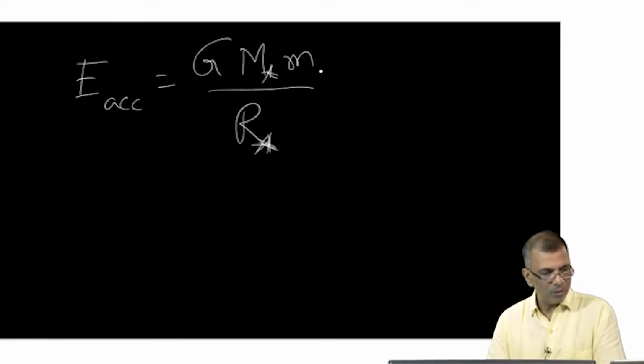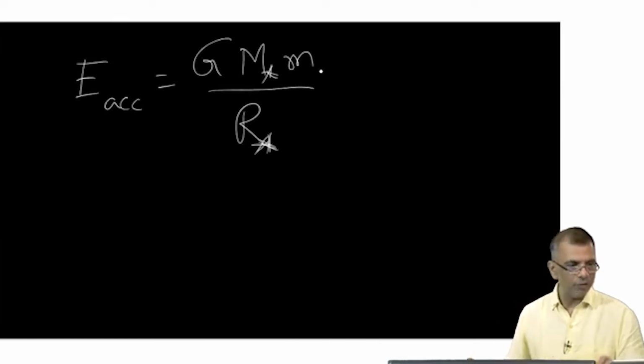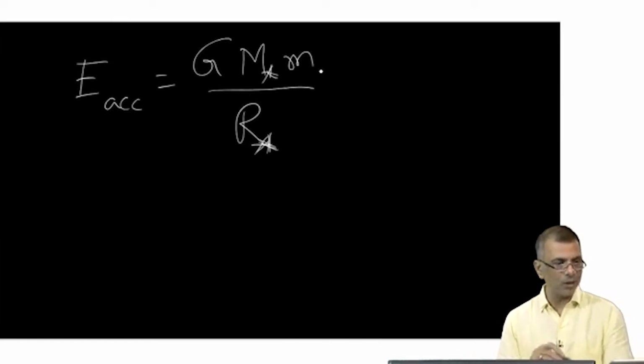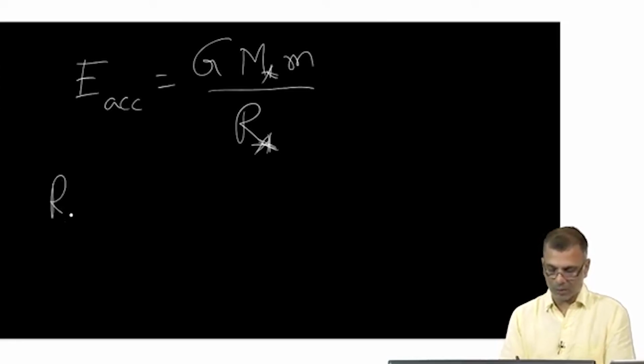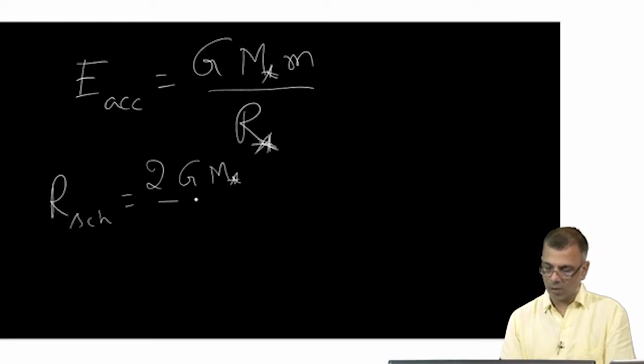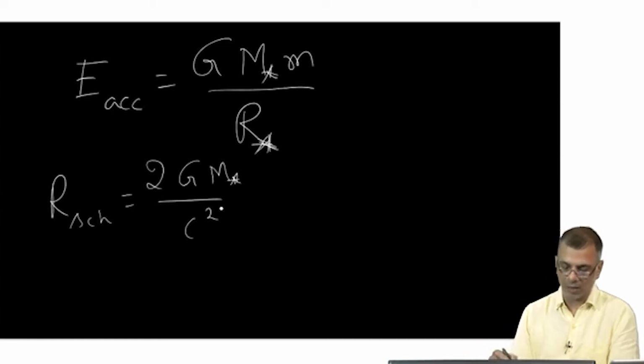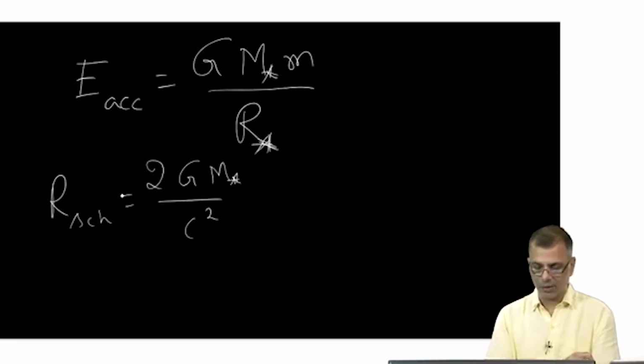All right. So let us now define something called a Schwarzschild radius, which is just a definition, G m star over c squared. This is just a normalizing unit. Okay.